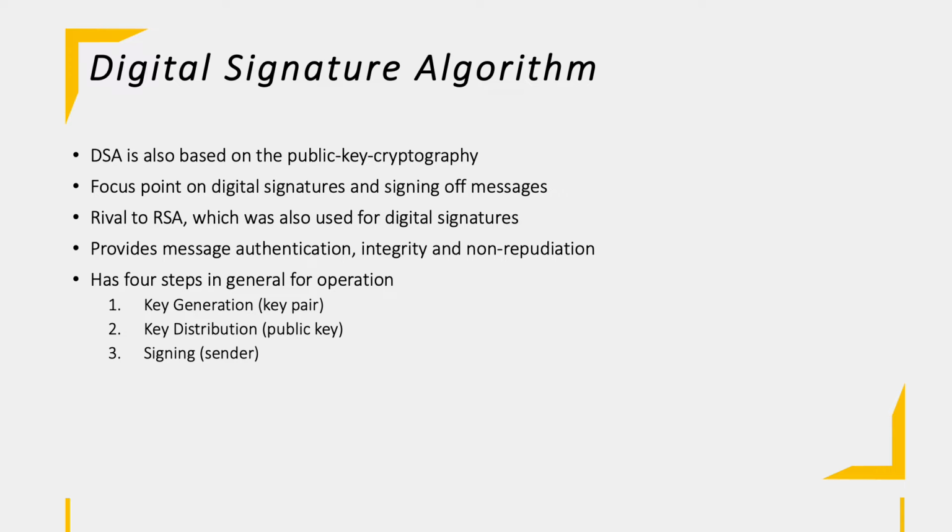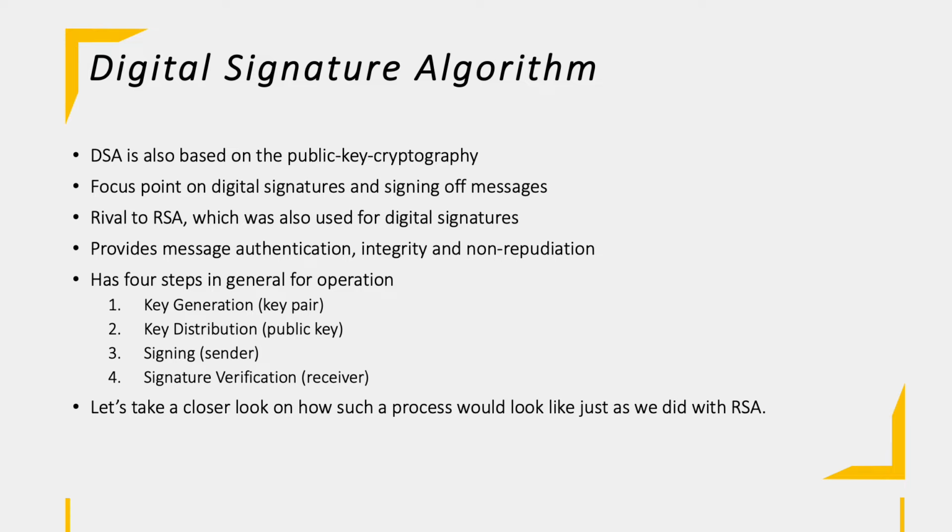The third step is, as a sender, you need to sign a message. And in order to verify this, we have the fourth operation, the signature verification step, which the receiver is doing. Let's take a closer look at how the process looks in detail, just as we did with the RSA algorithm. So expect some deep math in here.